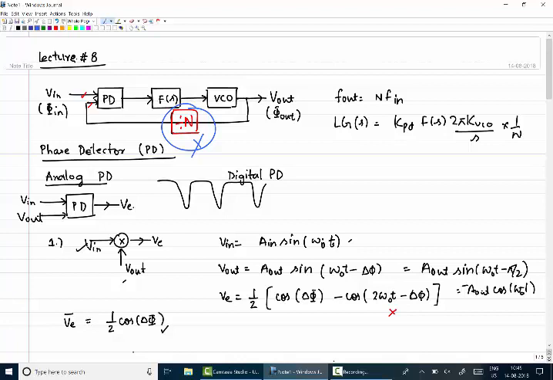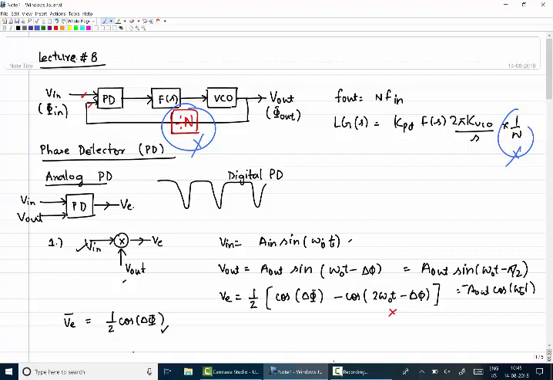If I do not have divide by n in the PLL loop, what happens to the loop gain? It increases by n times with respect to the conventional loop. So you will see what role this loop gain plays when we look at the subsample PLLs, compared to the regular PLLs.